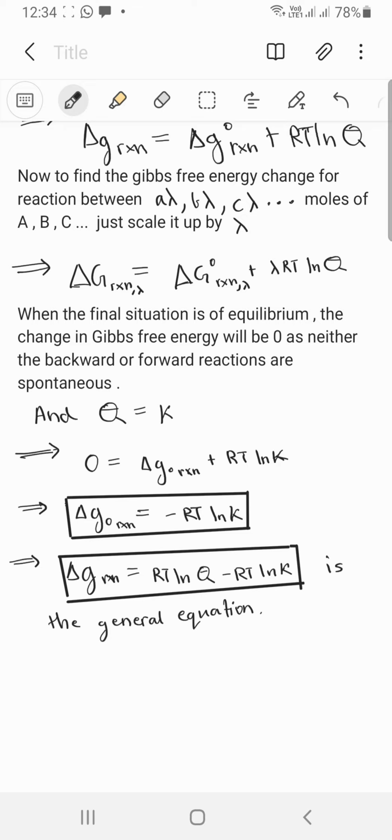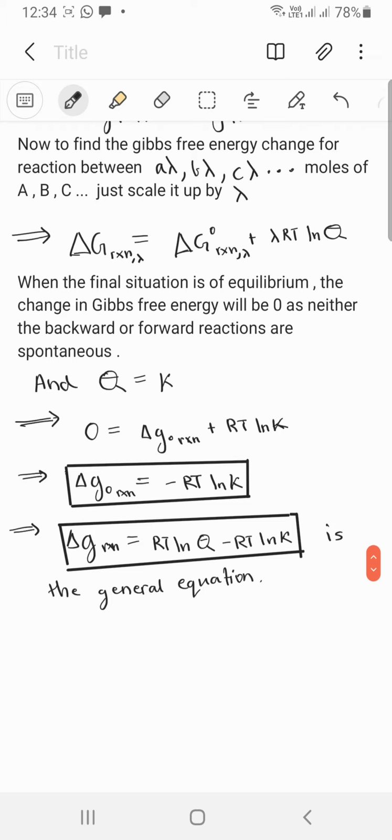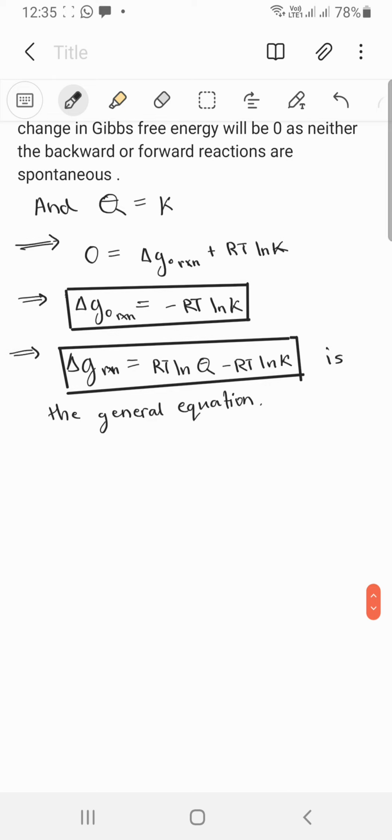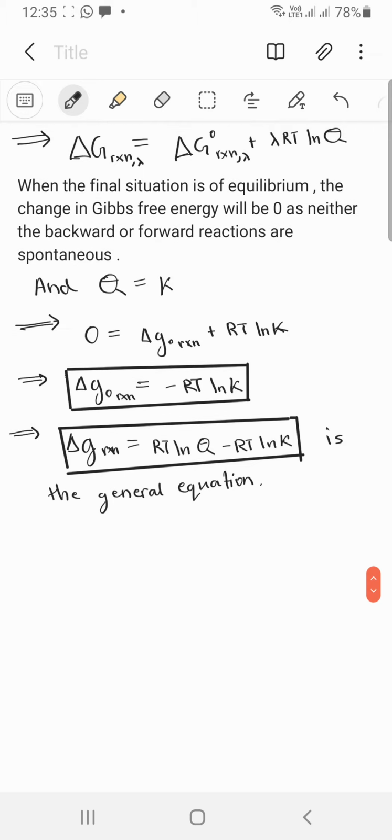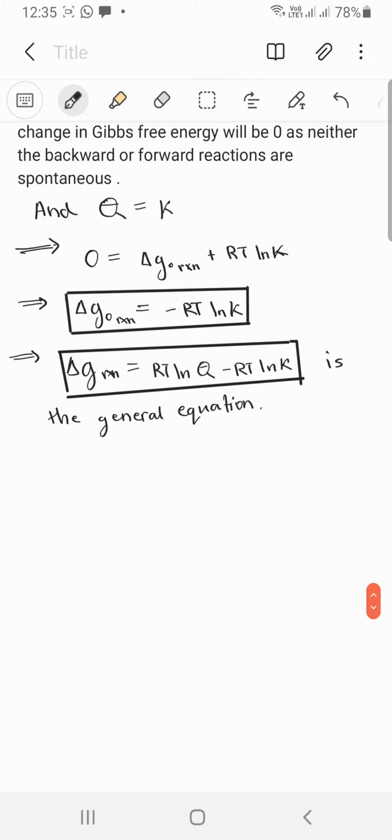So putting that case into this equation, we get 0 equal to delta small g reaction plus RT natural log K. And from that we can say delta G standard reaction, at standard pressure and temperature, not temperature exactly, but you get it, right, is just minus RT natural log K. So putting that into our original equation, we get delta G reaction equal to RT natural log the reaction quotient minus RT natural log the equilibrium constant. So this is the general equation.